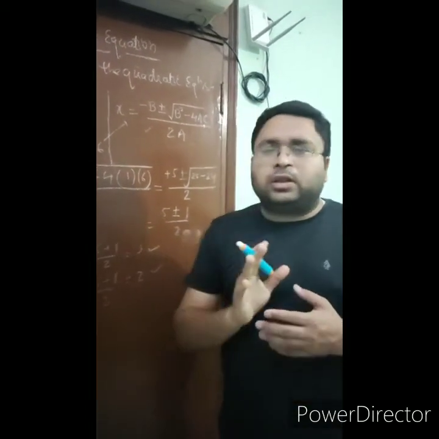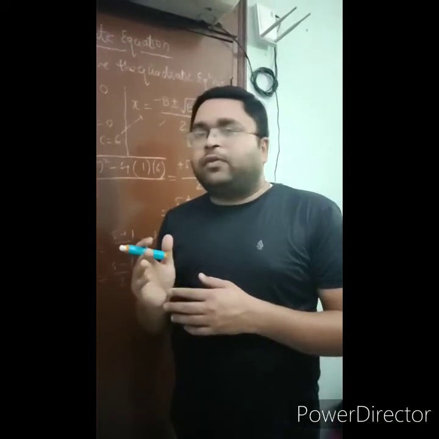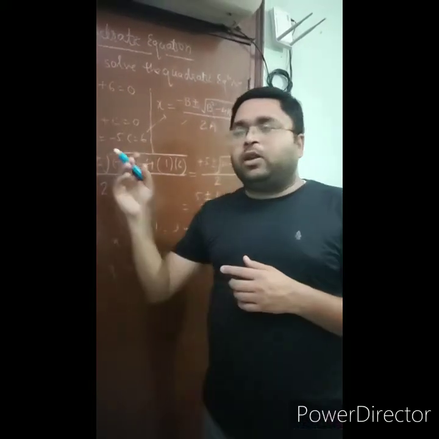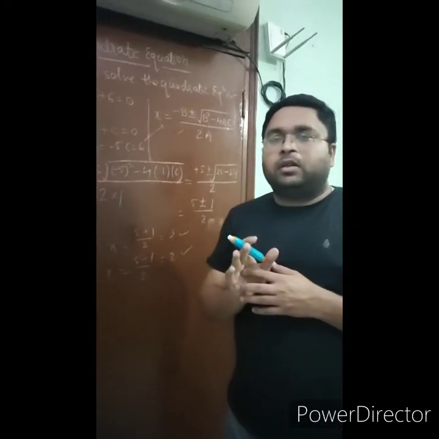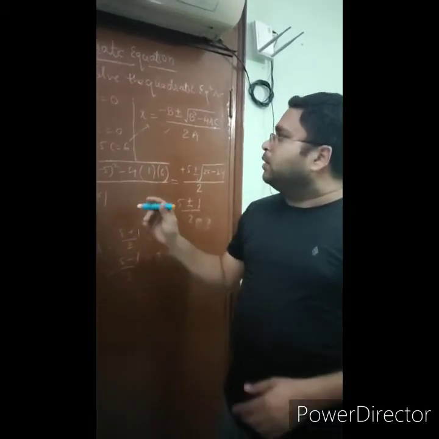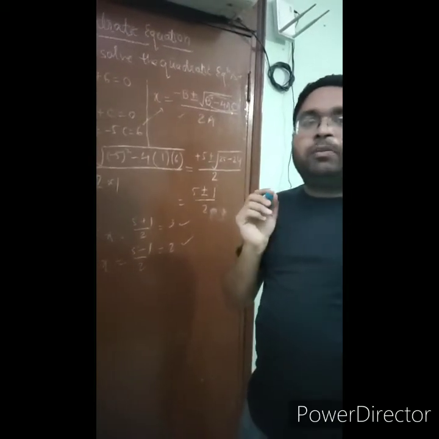Now, the next question is: do all quadratic equations have roots or not? This is the main point. If any quadratic equation is written, will the roots exist or not? We see this by the term b square minus 4ac. This is a very important term.